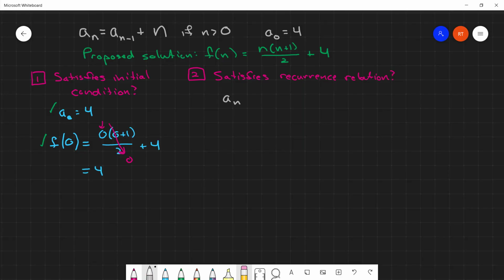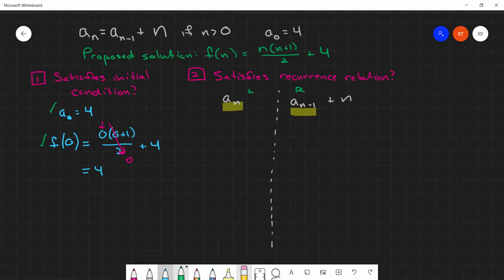So I'm going to copy down that recurrence relation again, a_n on one side, and then make a visual separation and put the right side over here, a_{n-1} plus n. And I'm going to replace all terms of the sequence here, which in this case would be the a_n and the a_{n-1}, with their corresponding function outputs, and just see that the left-hand side equals the right-hand side.